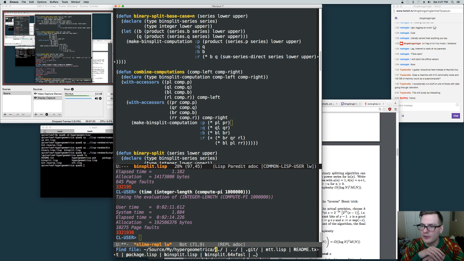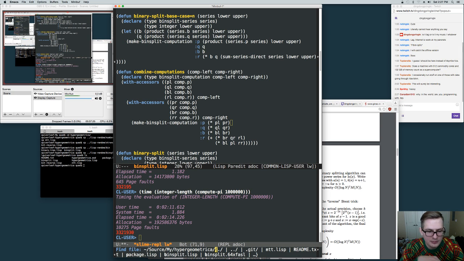The reason is most of the Common Lisp implementations optimize for arbitrary precision arithmetic for just general use. Maybe you get 100 digits, maybe in the worst case you get to 1,000 digits, but they're not going to optimize for having billions of digits. They're not going to do that. So when we get to billions of digits, we need to care about multiple things. How are the digits stored?